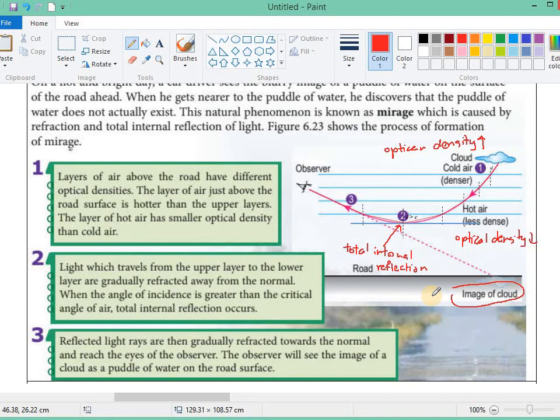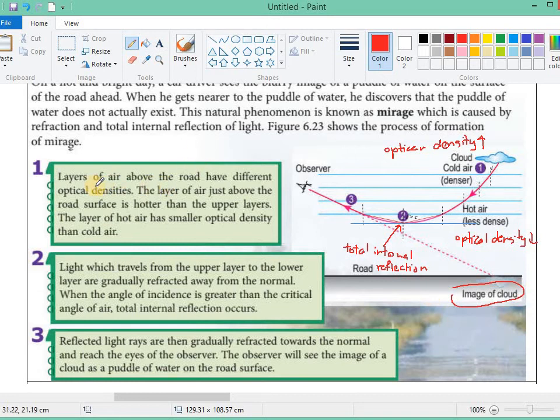That is why we see something like a pool of water on the road surface. Our brain tries to process it so that it looks like a pool of water on the road. But actually, of course, there's no water.